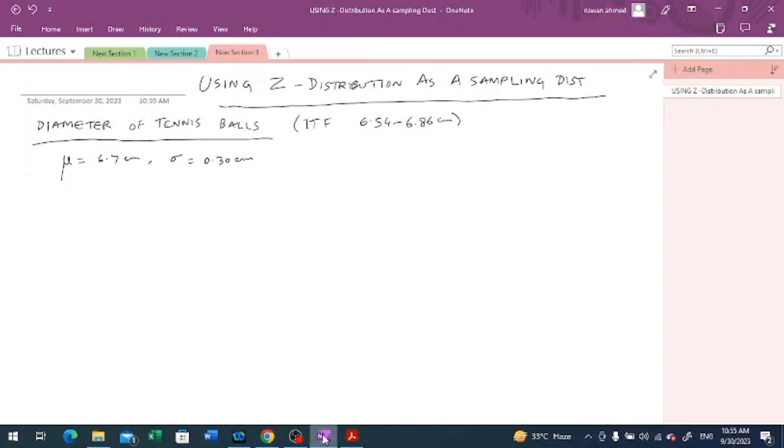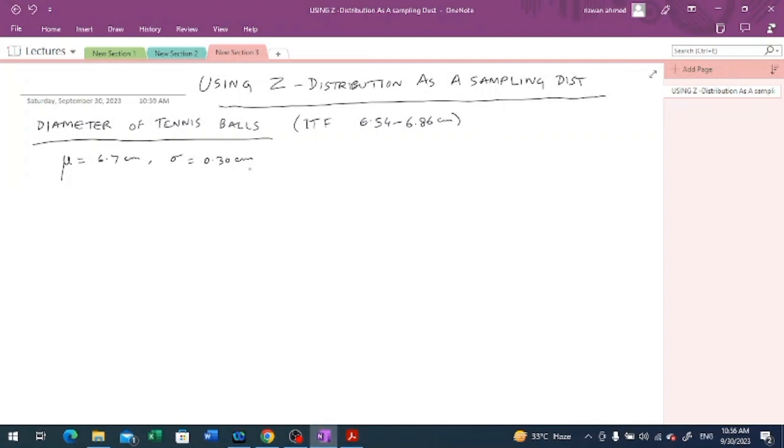Now, taking a case of a large factory that is producing tennis balls, let's assume that the manufacturer is claiming that the ball they are producing in their factory has a mean diameter of 6.7 centimeters with a standard deviation of 0.3 centimeters. The very first step is to check the assumption: the manufacturer is claiming that the diameter of the balls follows a normal distribution.